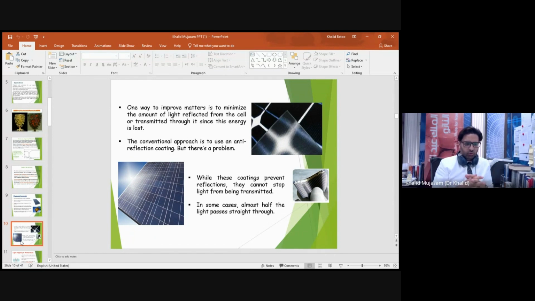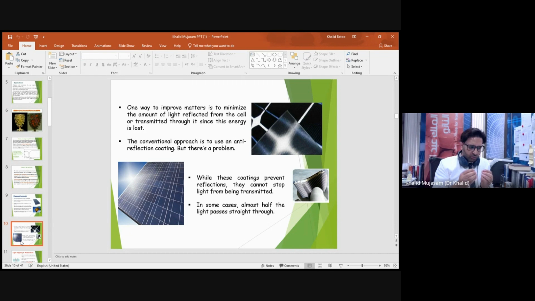It's not going to work fully. We don't know which part is getting absorbed, which is getting transmitted, and which is getting reflected. While these coatings prevent reflection, they cannot stop light from being transmitted. In some cases, almost half of the light passes straight through the material. So again, it's a waste.